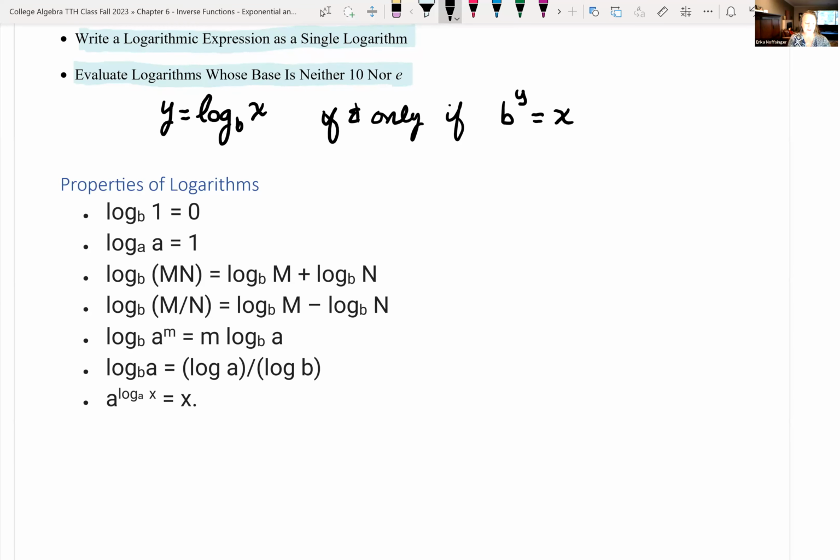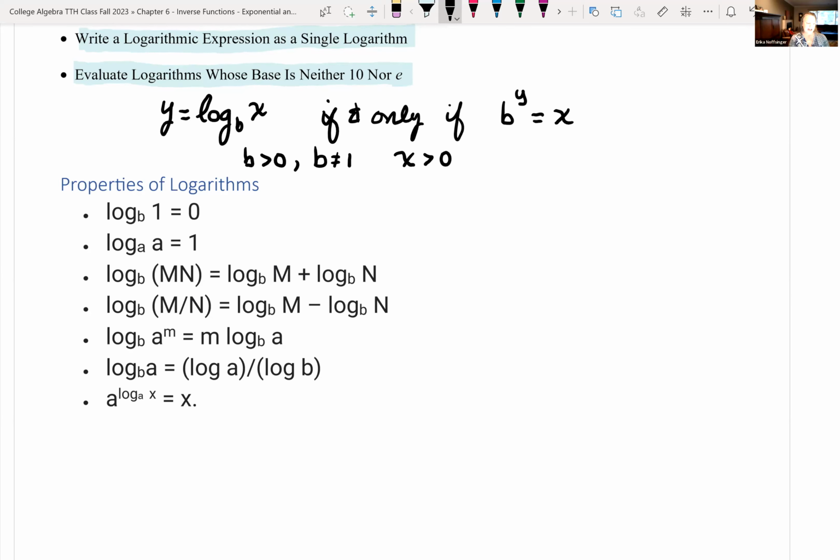So there were a couple stipulations that had to hold in order for this to be true. Our base had to be greater than 0. Our base could not equal 1. And what we were taking the log of, so this x, has to be greater than 0.